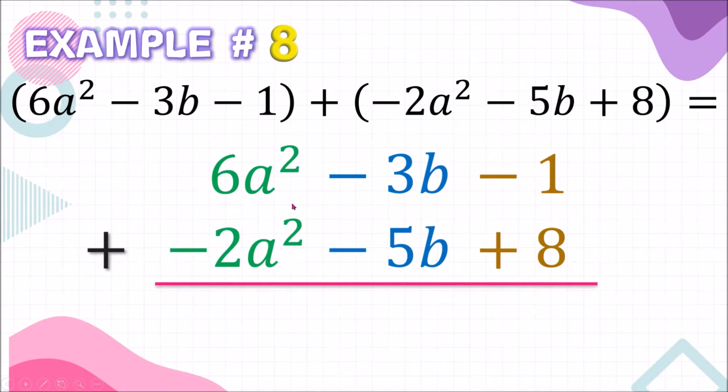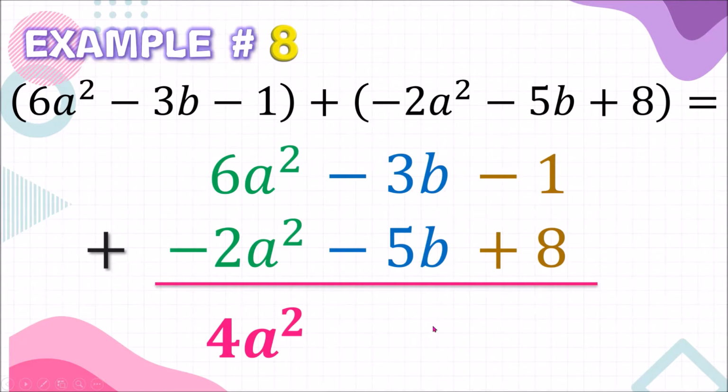So they have common variable a squared, just copy. And then 6 plus negative 2, different sign, subtract. So 6 minus 2, we have 4. Positive because 6 is greater than 2 and 6 here is positive. So 4a squared.